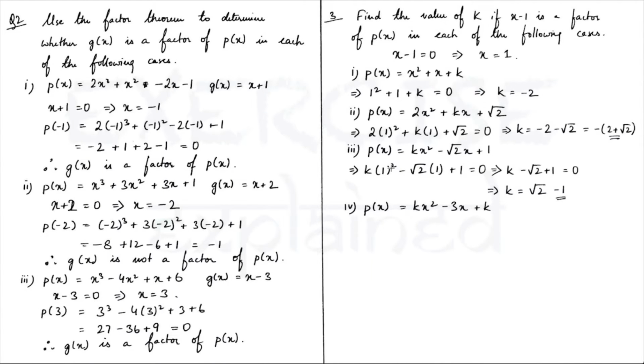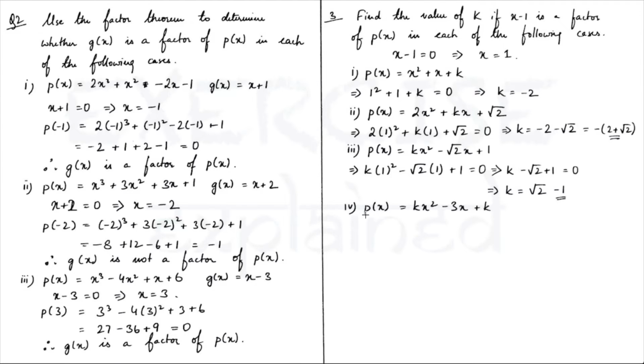So k into 1 square gives us k itself, minus root 2 into 1 gives us minus root 2, and here plus 1. Plus 1 goes to the other side, becomes minus 1, and minus root 2 goes to the other side, becomes plus root 2. So we get the value of k as plus root 2 minus 1.